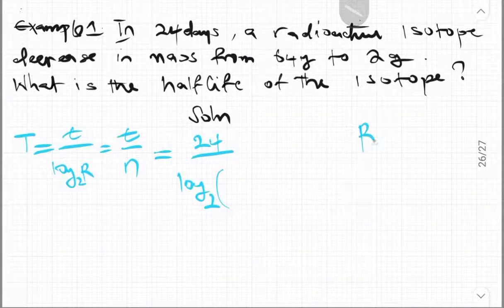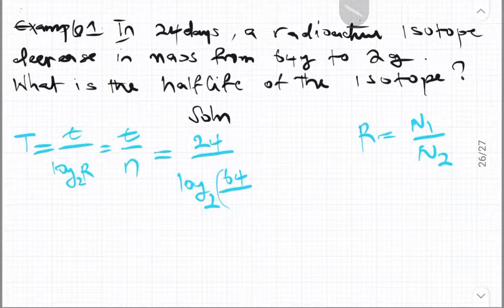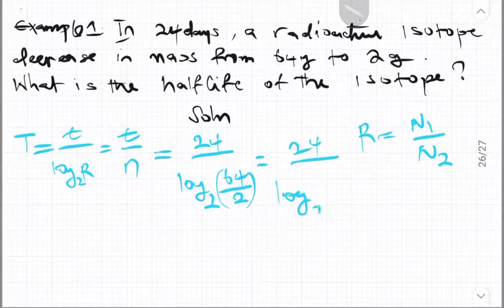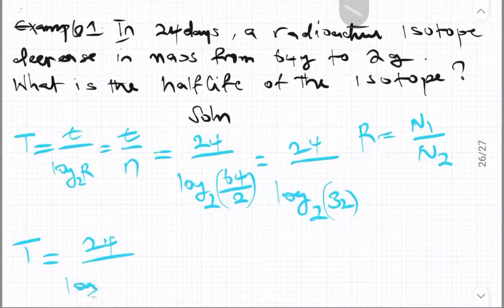We said r is n1 over n2. The n1 is the initial, which is 64, and n2 is 2. So 64 divided by 2 is 32, and the half-life is equal to 24 over logarithm base 2 of 32.